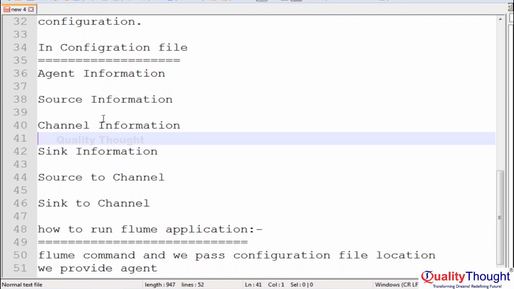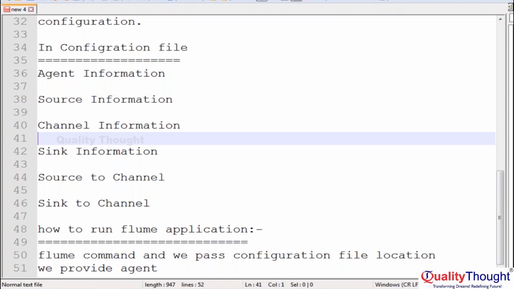Here we keep our data for some time. Once the sink successfully writes into the destination, we don't want that data in the channel. The channel is a place where we store data temporarily.